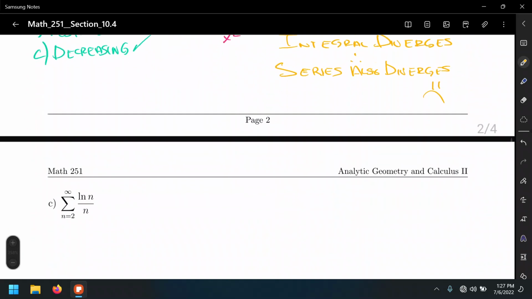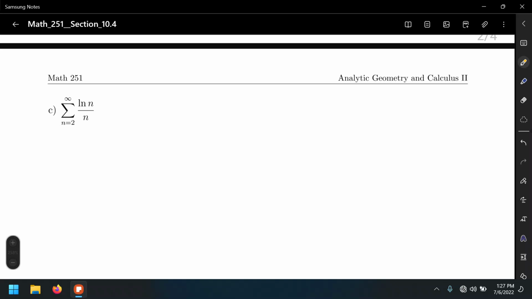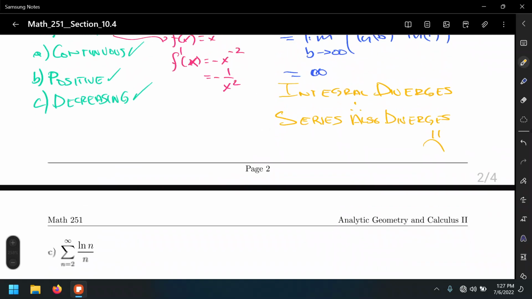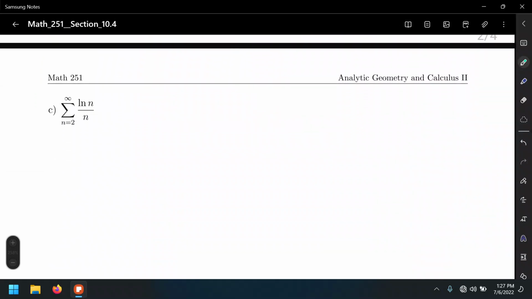Let's look at the third example. So we have the sum of ln of n over n on the interval 2 to infinity. Okay, so number one, letter A, continuous. The discontinuity for ln of n over n is at 0, for both the numerator and denominator.